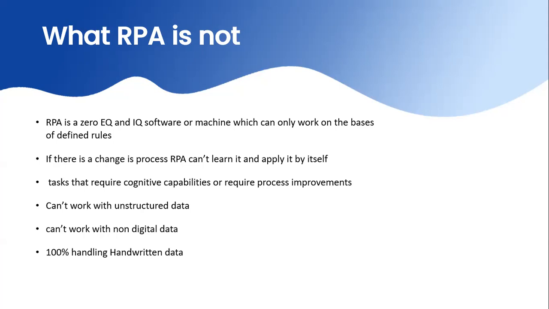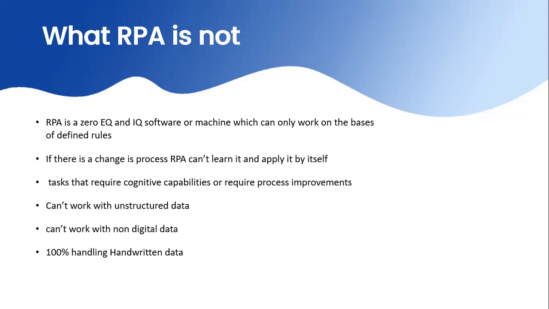No. Even the best OCR, optical character reader, which takes information from an image, which is ABBYY OCR till now, says it can automate up to 95% of handwritten data in this world. But that 5%, which is like from doctors and kids and all, I can't get it. So not 100% of handwritten data can be automated.